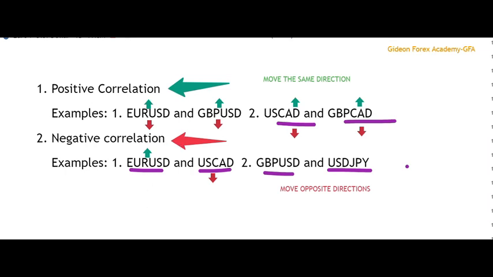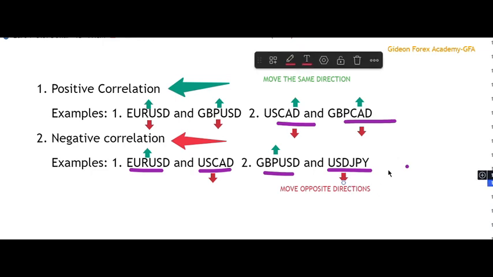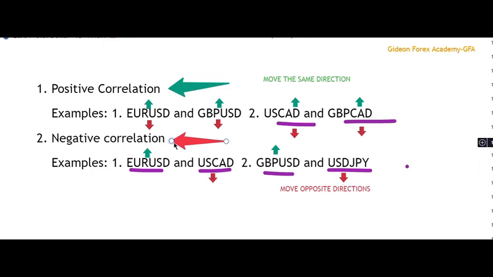And if, for example, the GBP/USD is bullish, the USD/JPY is most likely bearish, all right? So they have a negative correlation. You also have to avoid trading both of these pairs at the same time. If you are buying the EUR/USD, you want to avoid selling the USD/CAD.